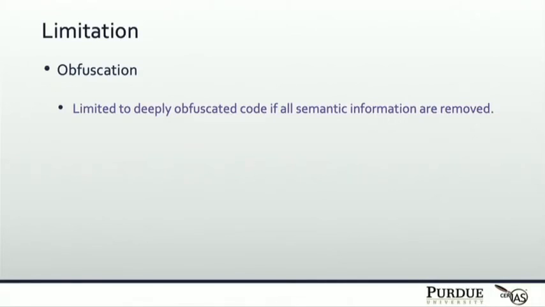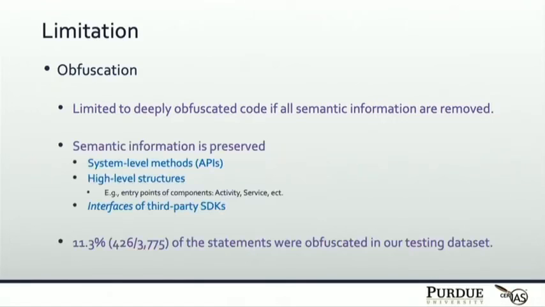However, this does not mean Clue Finder cannot tolerate any obfuscation, because even with moderate code obfuscation, the semantics information is usually preserved in some critical locations. For example, the system-level code structure features like parameter types and return values cannot be obfuscated, and they can still be leveraged by Clue Finder as features to determine the presence of sensitive data.